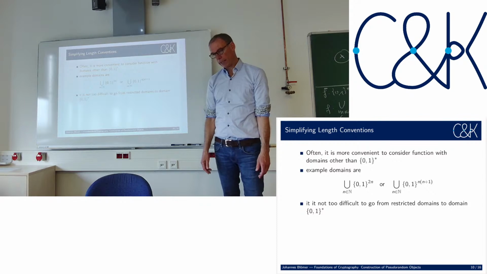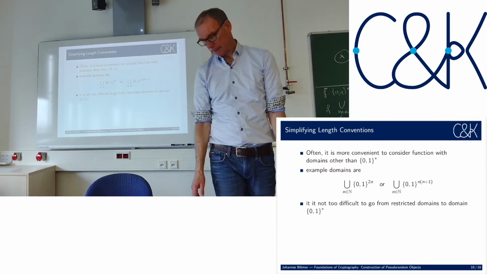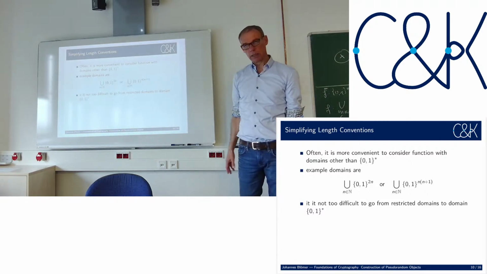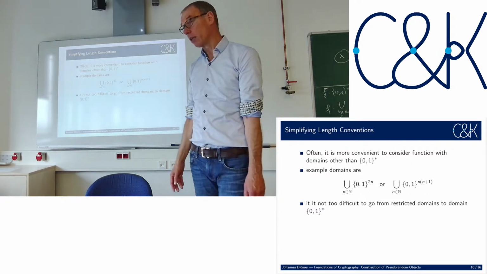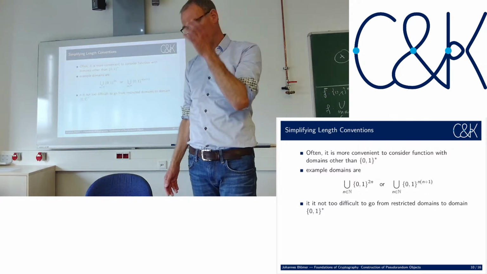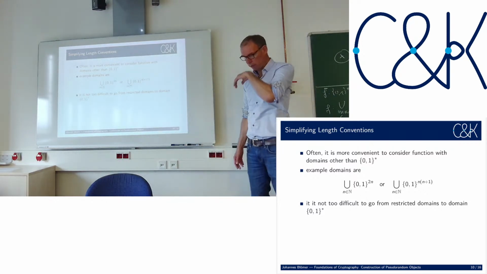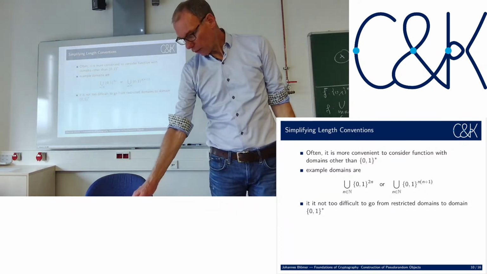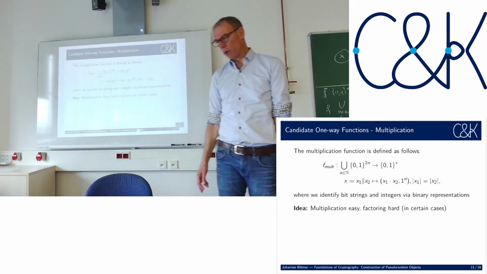Okay, but mainly we use this simplifying length convention for our candidates that I'll present next. You can make this much more general, and I actually defined it more generally in the lecture notes. But for our candidates, this is enough. So what's our first candidate one-way function?